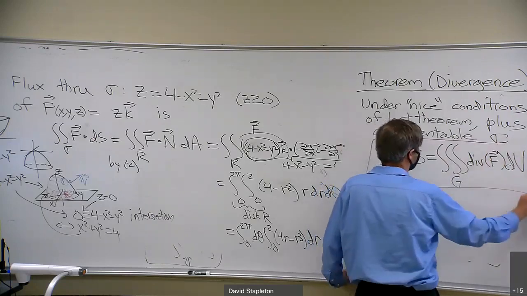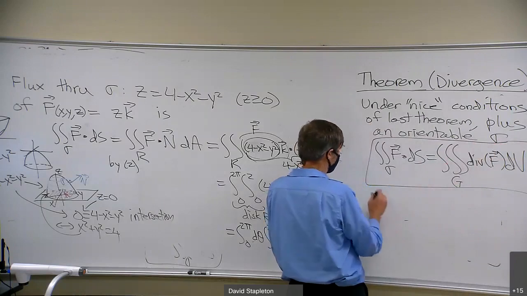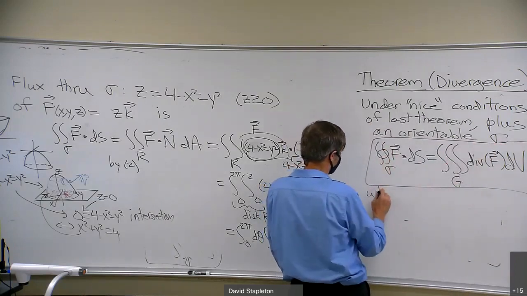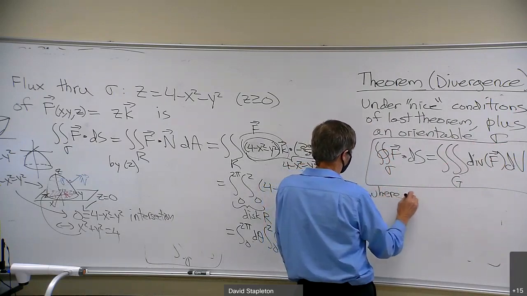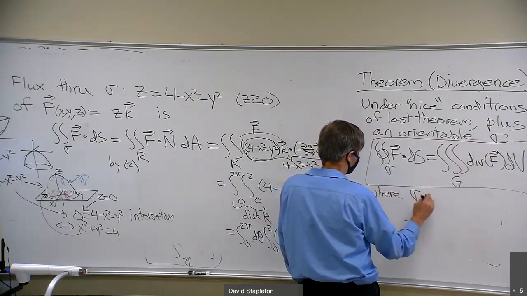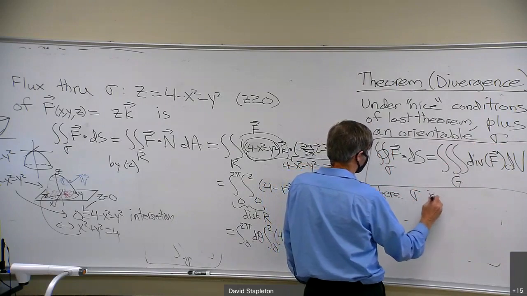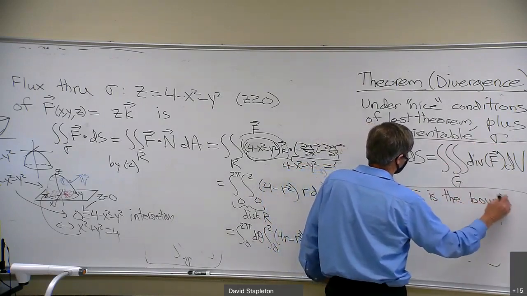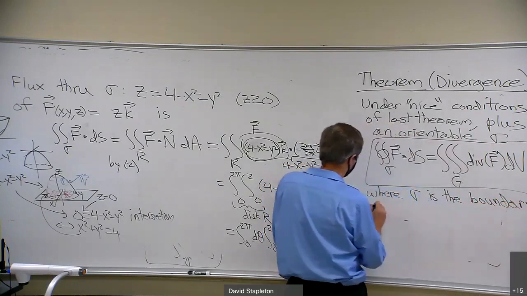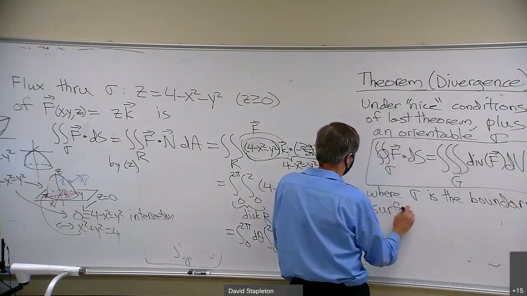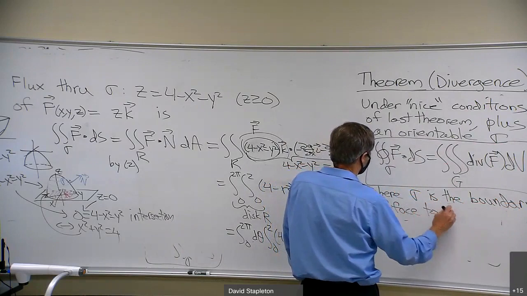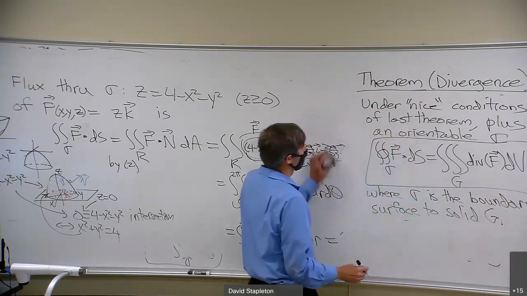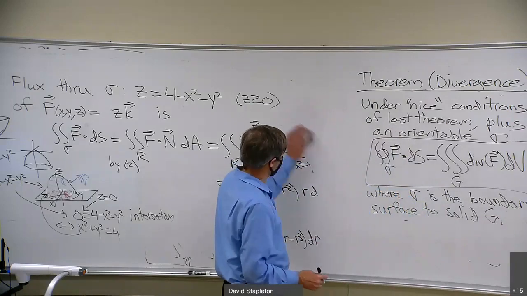So we can take the divergence of F over the volume where, I'm going to put a circle here, meaning it's a closed surface, sigma is the boundary surface to solid G. There's the divergence theorem of Gauss.